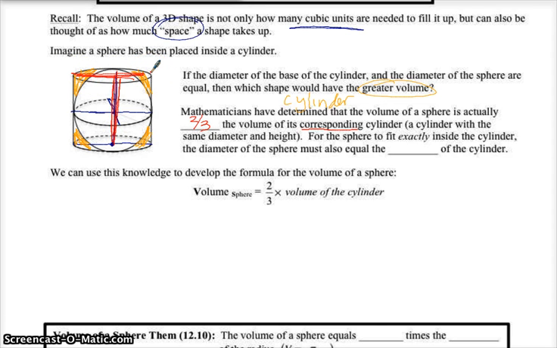And notice that is also the diameter of the sphere. For the sphere to fit exactly inside the cylinder, the diameter of the sphere must also equal the height of the cylinder. That's what I was just saying. So this diameter of the sphere right here is equal to the height of the cylinder.